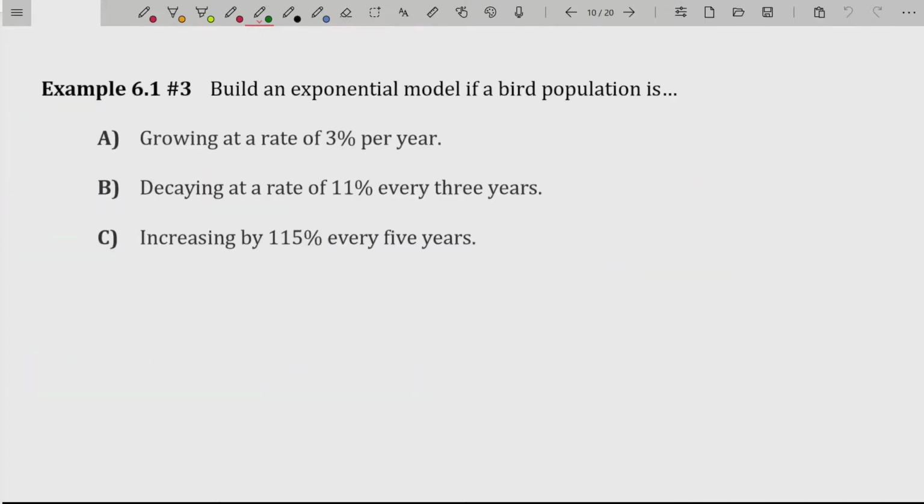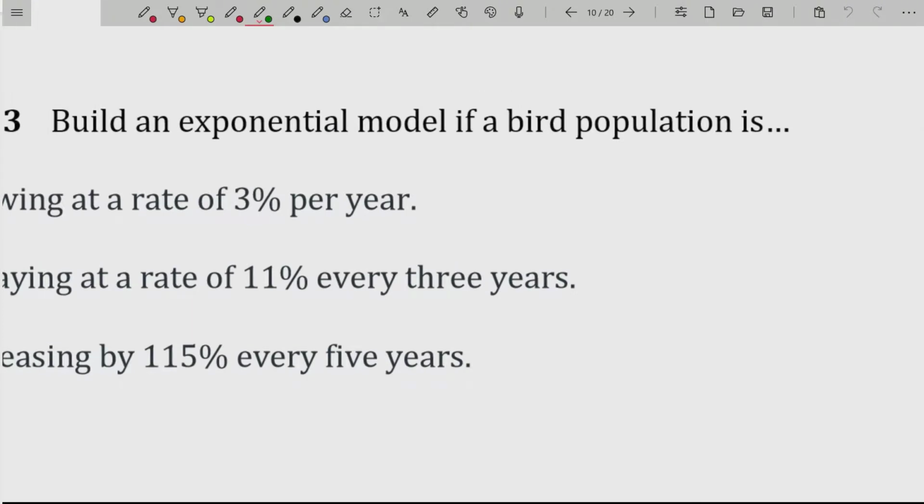Let's continue forward with some authentic examples. Build an exponential model if a bird population is growing at a rate of 3% per year. Again, I didn't hand you the initial population. So you'd say, I don't know the initial population, but I know that it's growing at a rate of 3%, and that's every year.